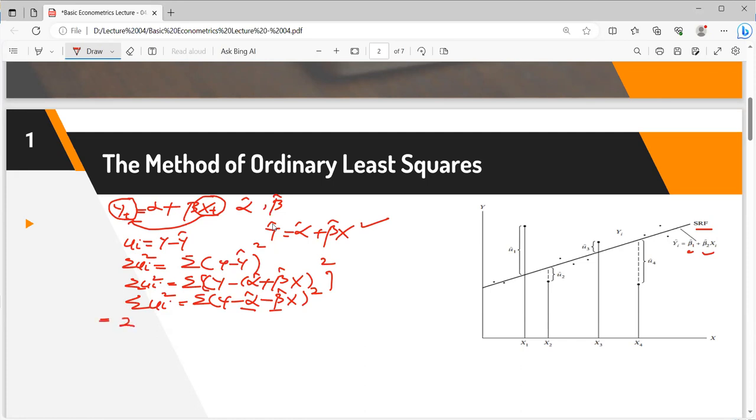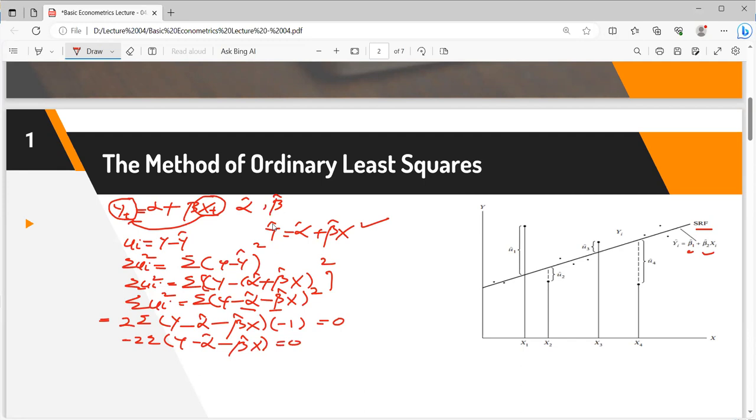By taking the partial derivative with respect to alpha hat, we can write it as 2 by applying the power rule, summation of (y minus alpha hat minus beta hat x) into -1, and put it equal to 0 according to the first order condition. So we can write it as -2 summation of (y minus alpha hat minus beta hat x) equal to 0.